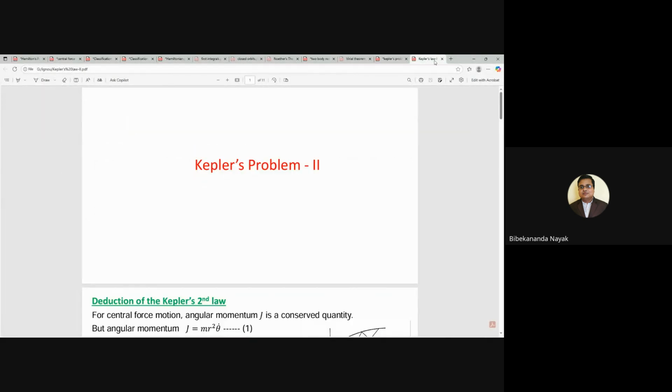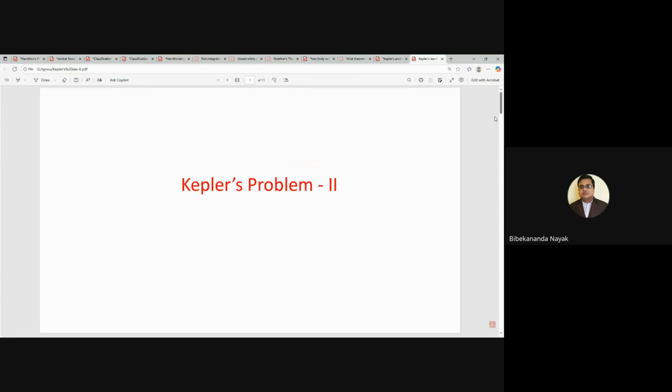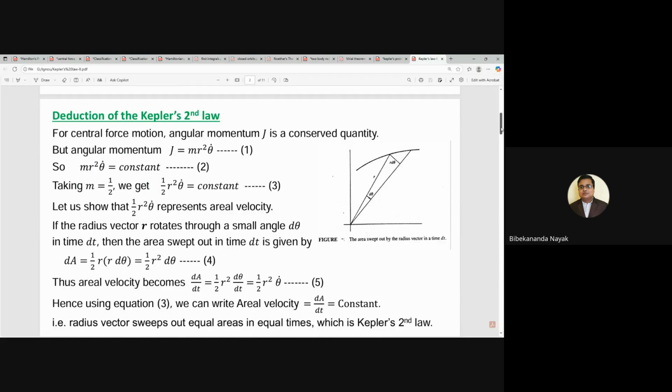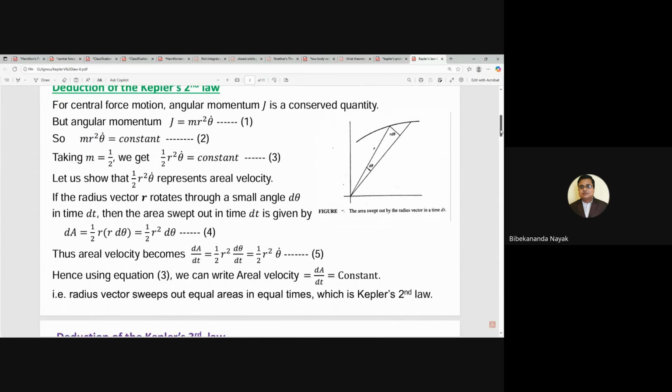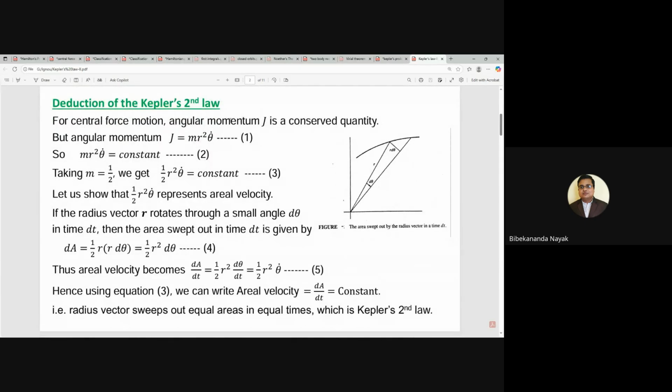There are also the other two Kepler's laws, second law and third law. If you want, you can check their proofs. Second law says equal aerial velocity is constant. Actually, we know J is equal to m r square theta dot. Since m is a constant, half is a constant, so half r square theta dot is a constant. But half r square theta dot is nothing but half r into r d theta.